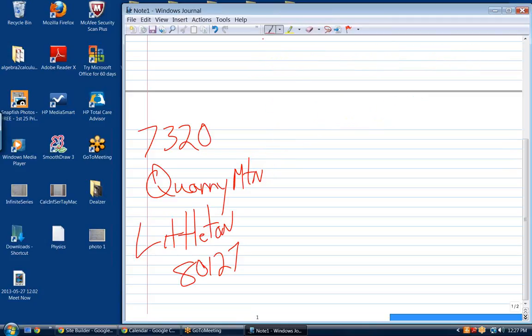Does that say Quarry Mountain? Yeah, it's Quarry, and it's just a mountain. It's not a street or an avenue. All right, got it. Yeah, I'll send that in the mail for you.